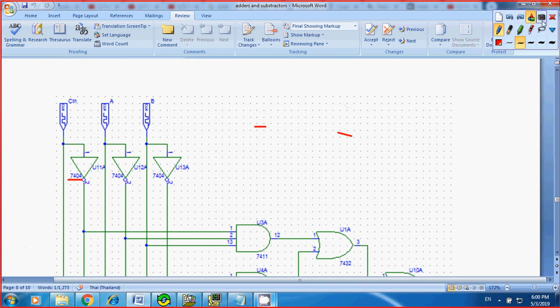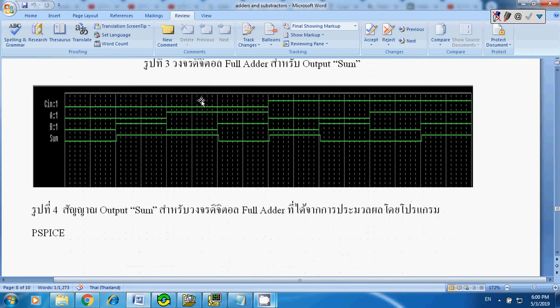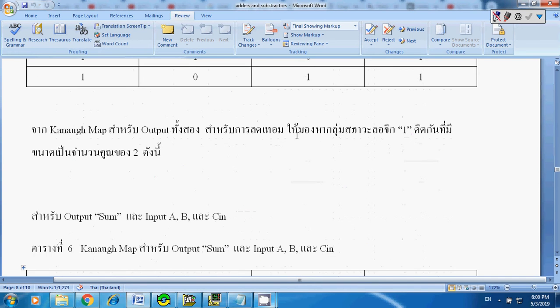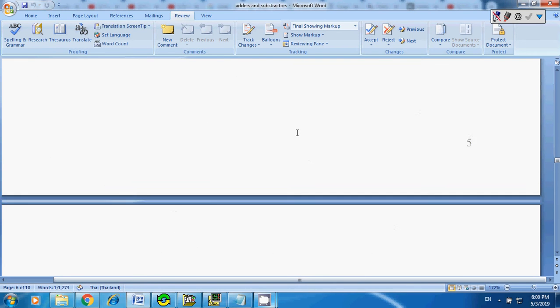Okay, 3 of them. And this is my plot from PSpice simulation. It corresponds to your truth table. Okay, that means you do it right.